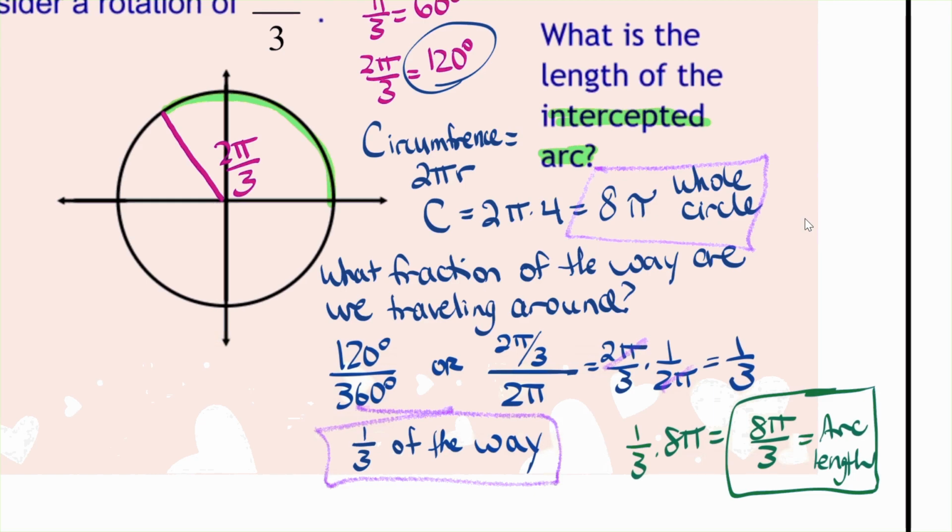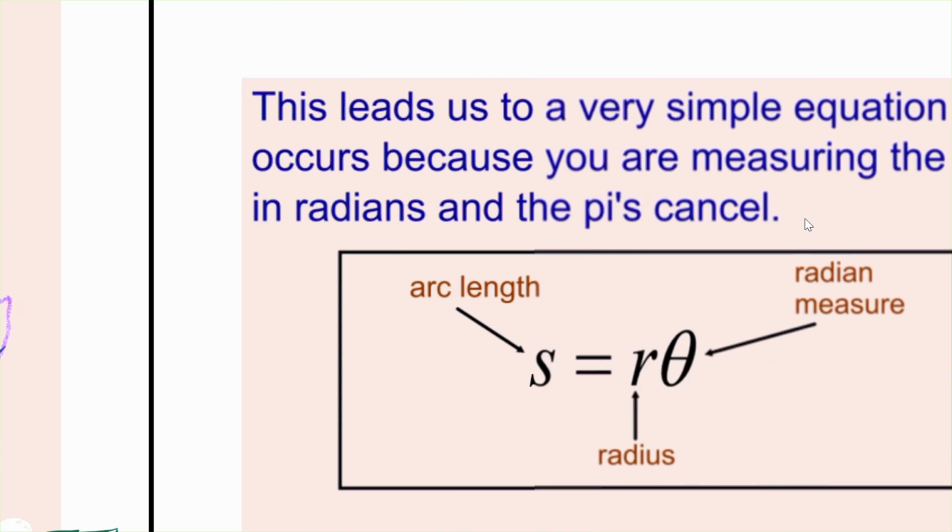This is kind of the hard way, but to me it makes sense. You find the fraction of the way you're going around the circle times how much it is to go around the whole circle. So if I'm in a situation where I don't have the formula at the tips of my fingers, or I can't remember it, I can just do this calculation.